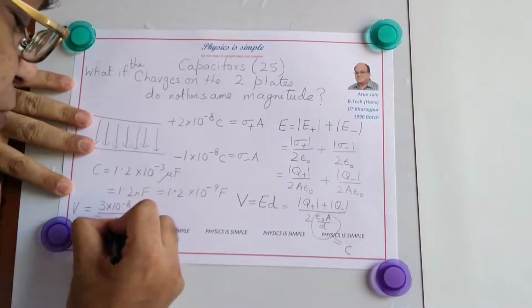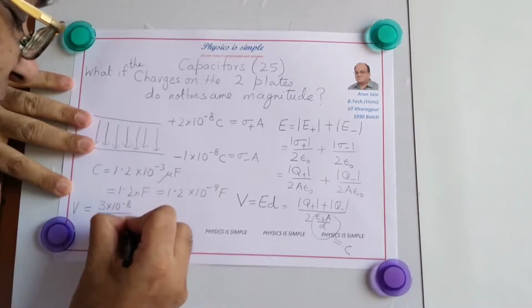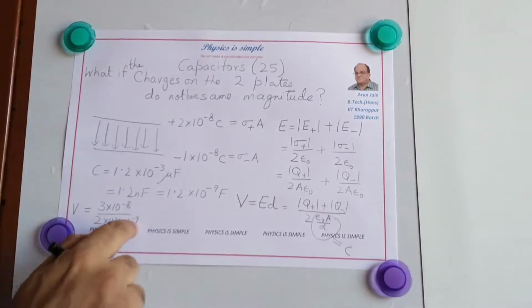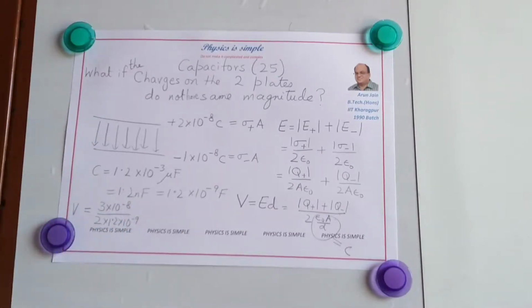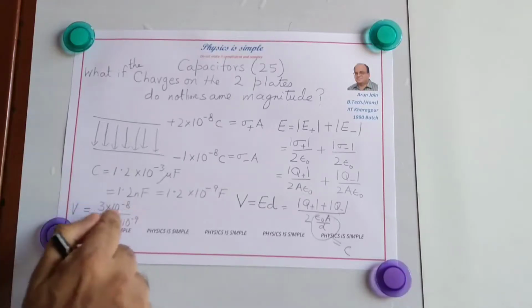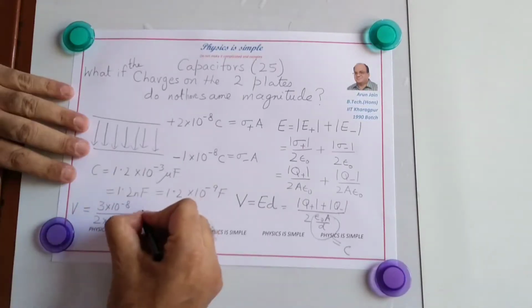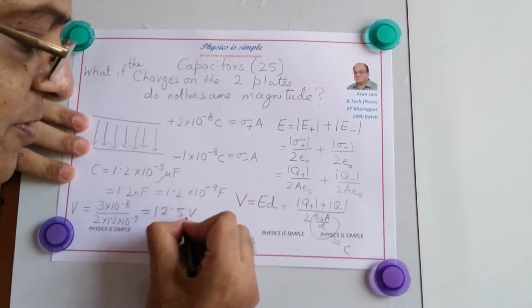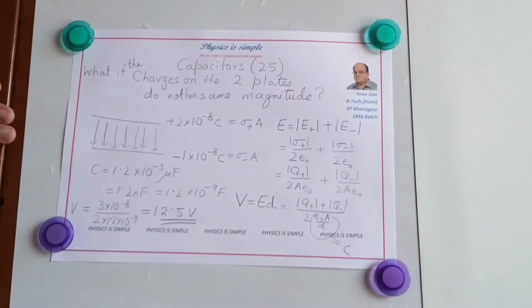So 1.2 into 10 to the power minus 9. So this 10 to the power minus 8 will cancel. 10 to the power minus 1 will go up and become plus 10 to the power 1. So 30 by 2.4, which will give us 12.5 volts. And that is the answer.